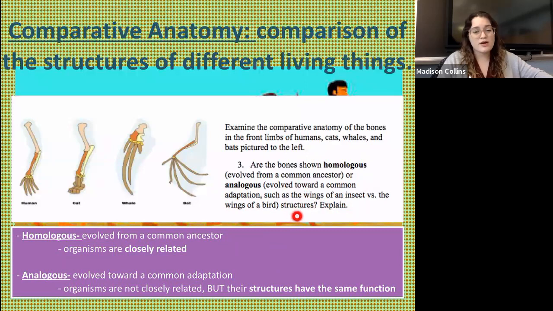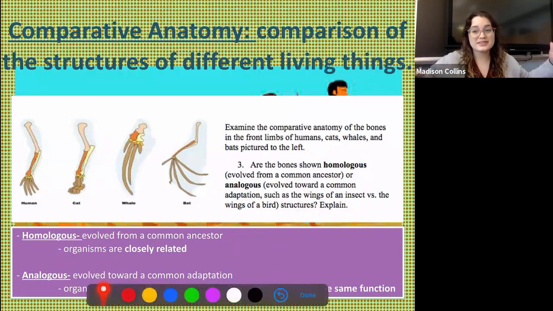Insects and birds probably aren't too closely related, but they've evolved the same adaptation, right? They both use those wings to fly, so they have the same function. So now looking at these structures over here, do you think these are homologous structures or analogous structures? Do they have the same ancestor or the same function?